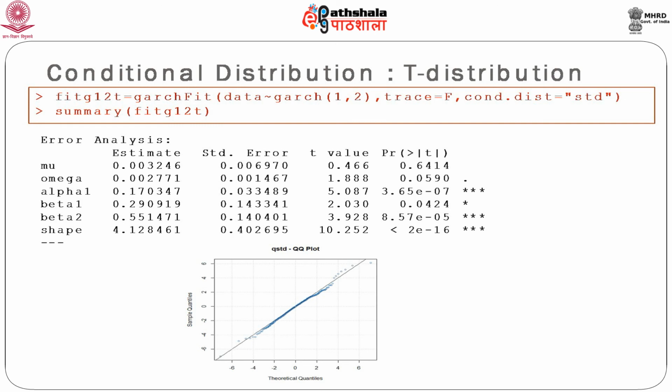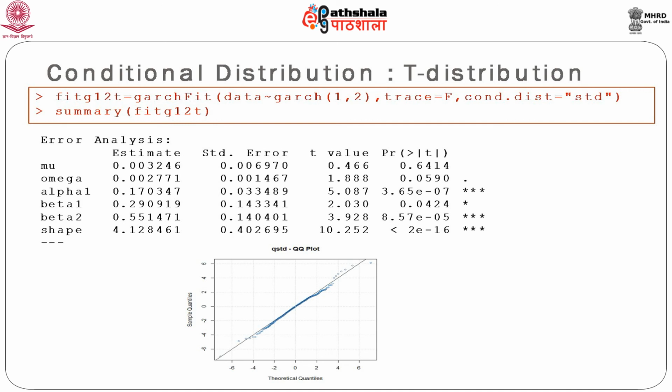For selecting the conditional distribution, you have another parameter in the GARCH fit, cond.dist. There you can select norm for the normal distribution, and std for the student T distribution. You can refit the model with the T conditional distribution, and then get the summary with the summary function. This is the result. Minor modifications are definitely there.